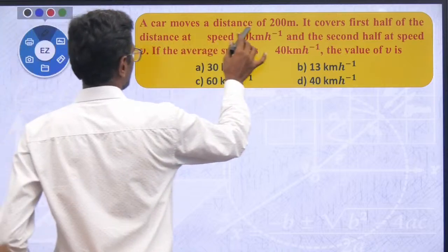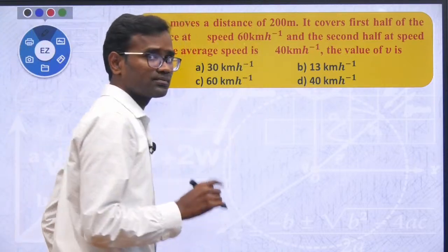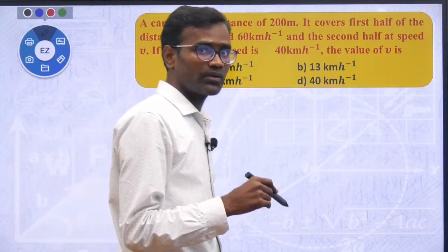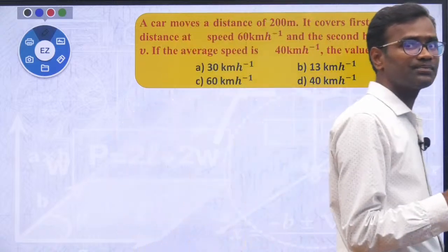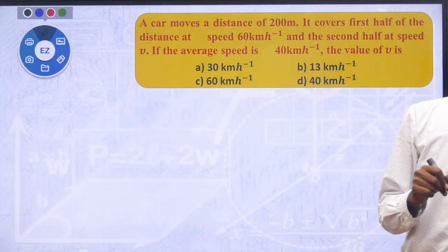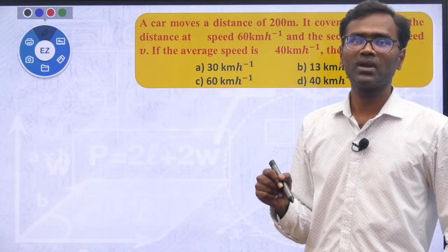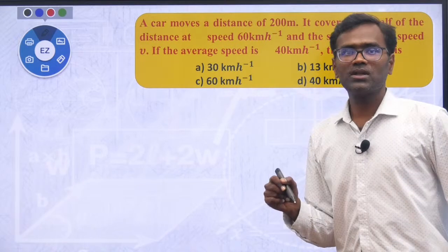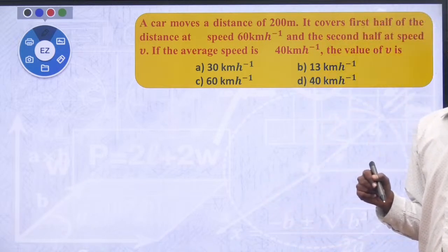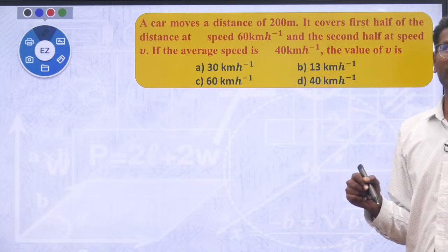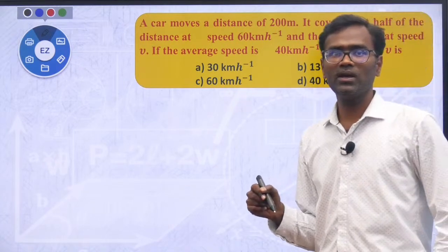A car moves a distance of 200 meters. It covers half of the distance at a speed of 60 km per hour. The second half at a speed v.